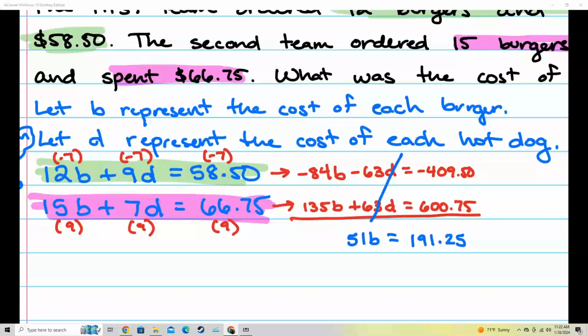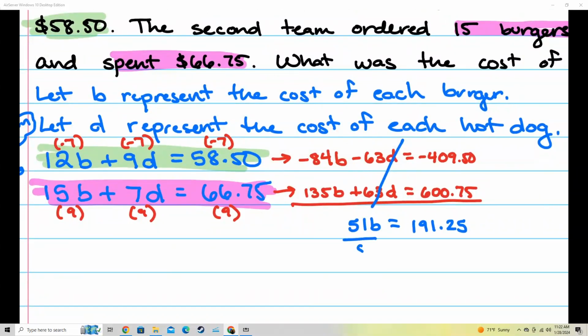We're going to go ahead and divide both sides by 51. These are going to cancel. I get B equals, oops, sorry, I lost my number. 191.25 divided by 51 is 3.75.